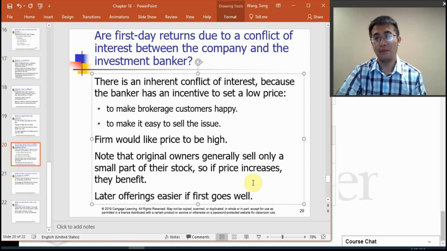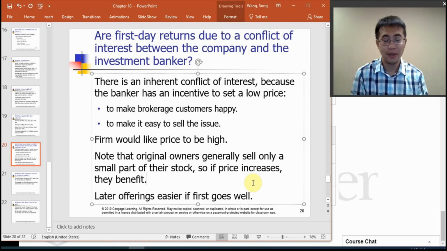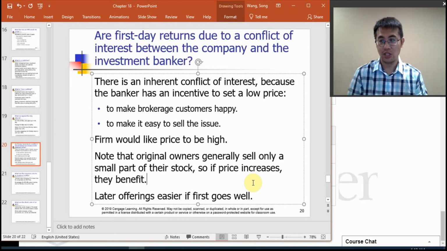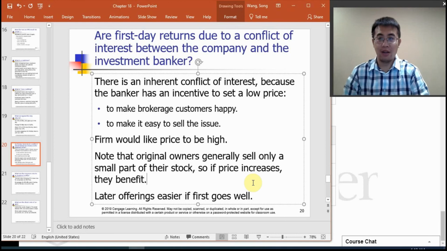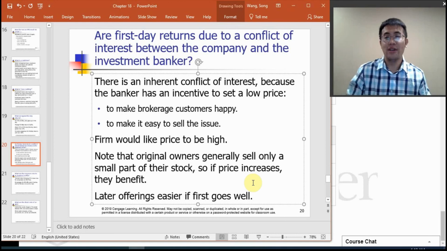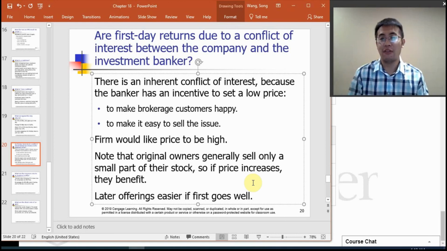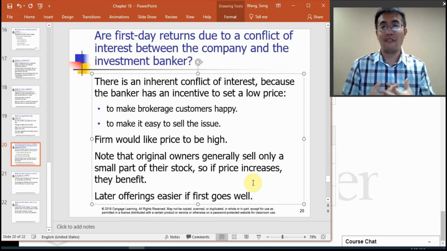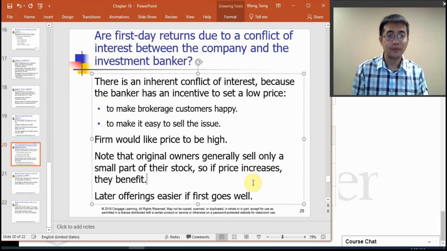So they also have some ways to make it up. For example, the original owners, from whom the securities are sold, only sell a small part of it and reserve most of the shares. So when the stock price increases in the first day or in the first month, their remaining stock value would increase accordingly.